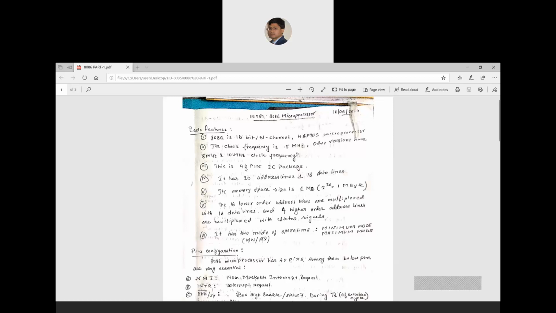In 8086 we see that there are 40 pins, but here the number of address lines has been increased, and the number of data lines has also been increased. So the question is how the increased data lines and address lines are accommodated in the same number of pins, because the number of pins is fixed for 8085 and 8086.